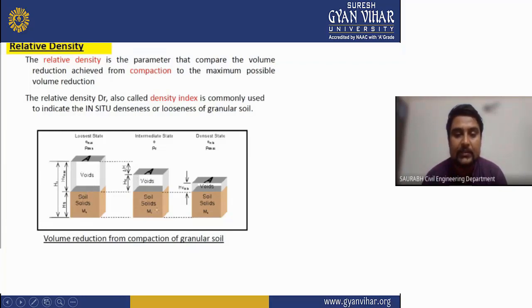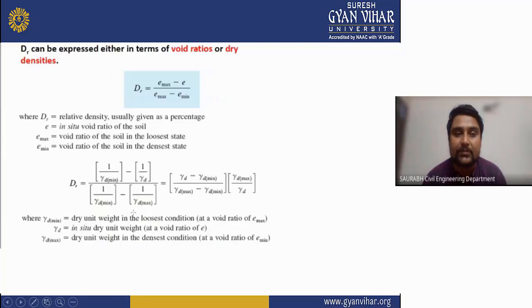There is some compacted soil, that's why there are some air voids, which are less than in this graph, and this is fully compacted, and we can also call it the densest state, where there is less void. You will say this is in the loosest state, this is in an intermediate state, and this is in the densest state. And this diagram is showing volume reduction from the compaction of granular soil.